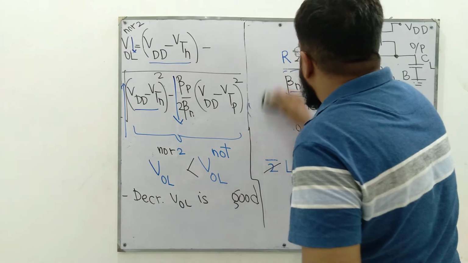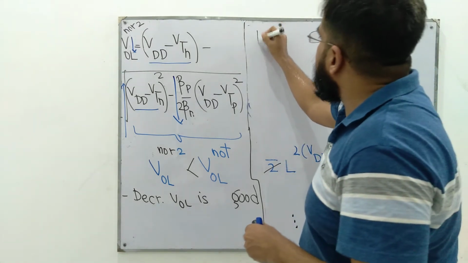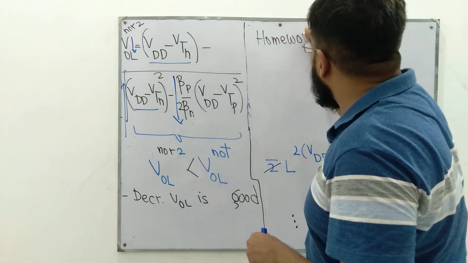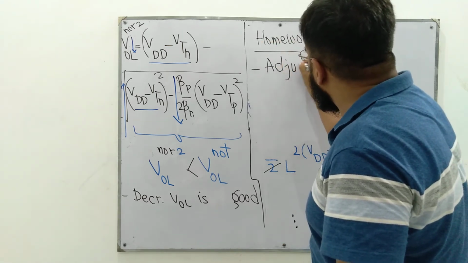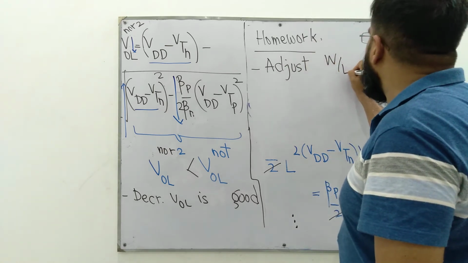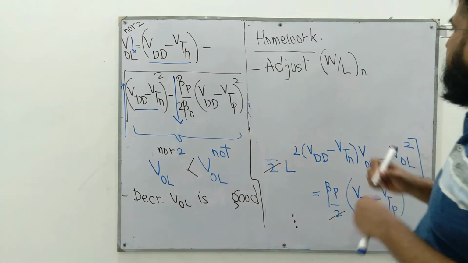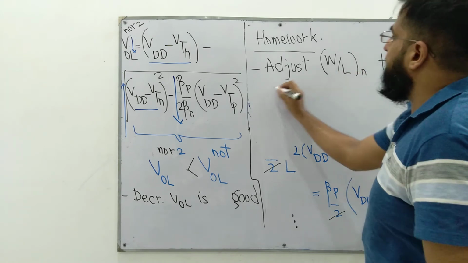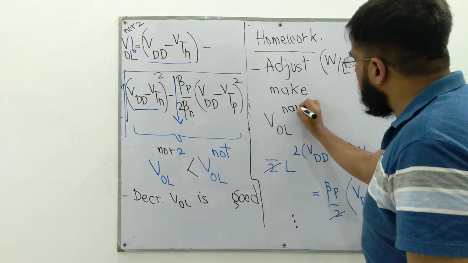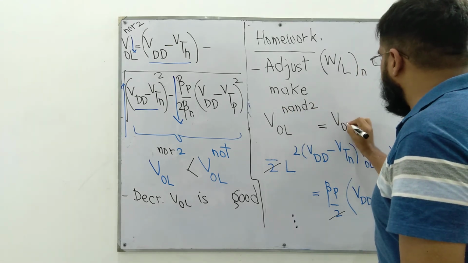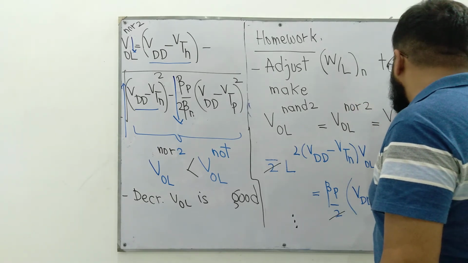So now there is a homework for my students, and it's only a one-line homework. Homework is: adjust the aspect ratios of the NMOS transistors we are using, so as to make VOL of NAND2 equal to VOL of NOR2 equal to VOL of NOT.